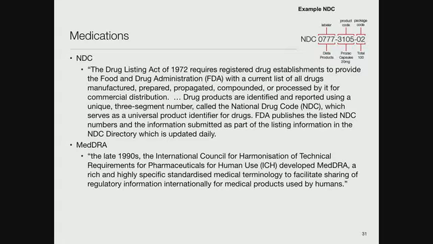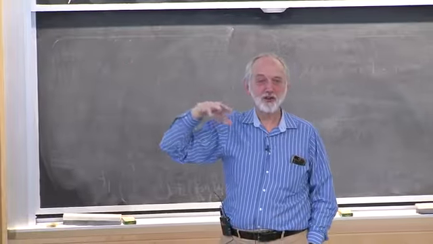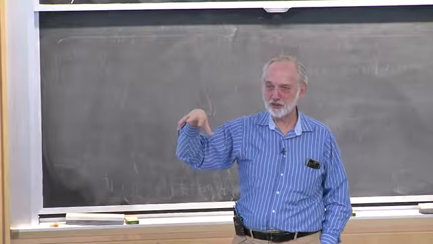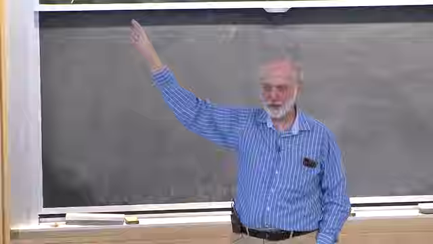The second 4-digit number is the form of the drug, so whether it's capsules or tablets or liquid or whatever, and the dose. And then the last 2 digits are a package code, which translates into the total number of doses in a package. Right, so this is a godsend, and all of the robotic pharmacies and so on rely on using this kind of information nowadays.